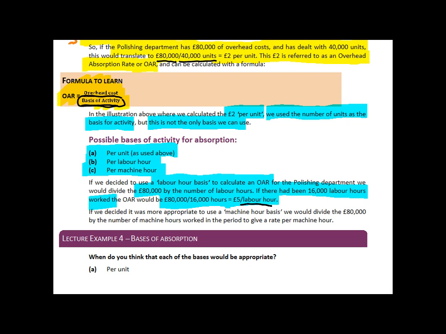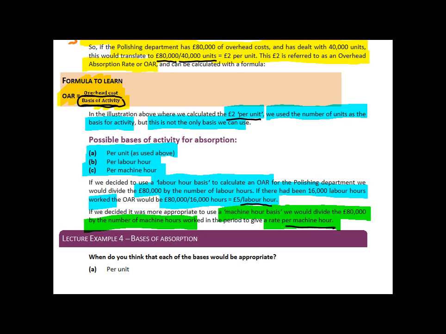And notice we're expressing that in a different way. The £2 was per unit, the £5 is per labour hour. We could equally do it on a machine hour basis if we thought that was more appropriate. We would just divide the £80,000 by the number of machine hours, and that would give a rate per machine hour. So you've got to be very careful what you're calculating the OAR per. Is it per unit? Is it per labour hour? Is it per machine hour?